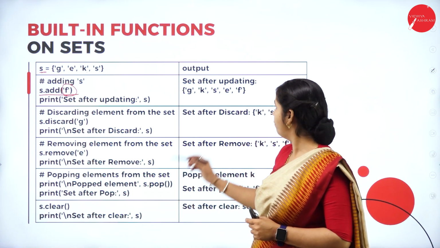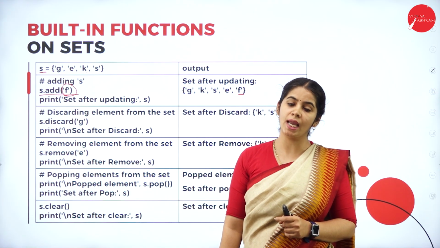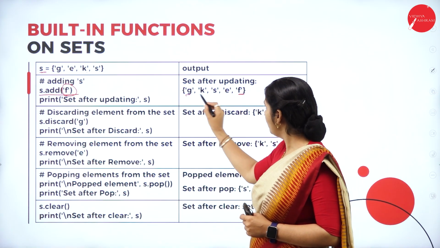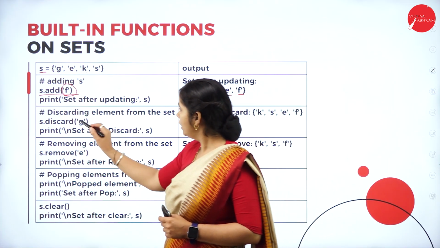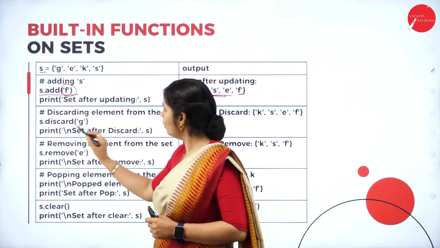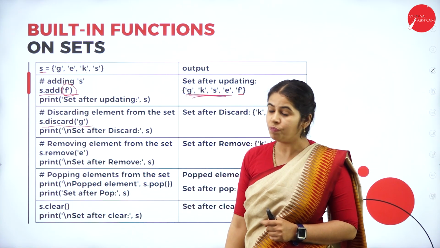Add the element F into the set. It will be appended at the end of the set. But here we are not changing any value of this. Then discard an element from the set. Which element am I supposed to discard? I am supposed to discard the element G from the set.